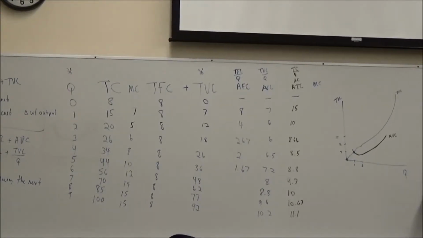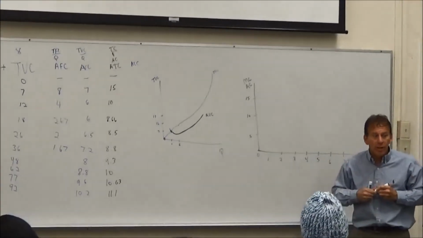And then on this line, we'll put intervals of 5, like 5 and 10 and 15. We'll try to be as accurate as possible. So here's our quantities here. Here's our marginal cost and average cost, and we'll go one at a time.